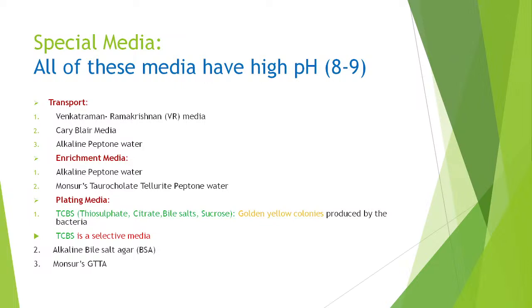Sucrose is the fermenting sugar, and thiosulfate it can metabolize. These are the ingredients of TCBS media, on which the bacteria shows characteristic golden yellow pigmented colonies. And TCBS is a selective media.